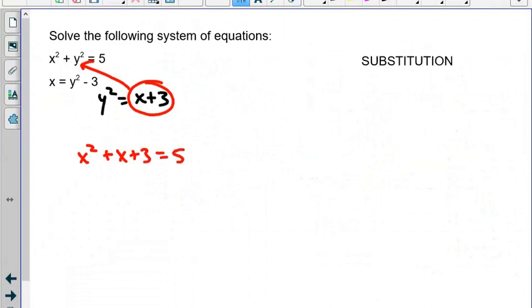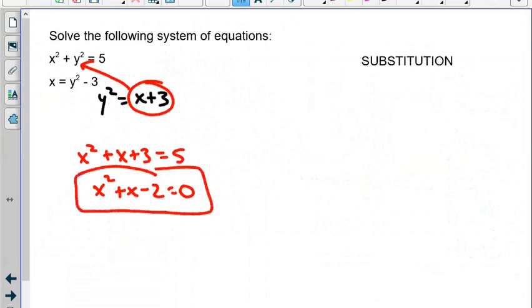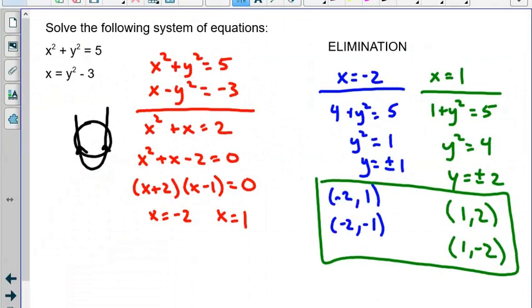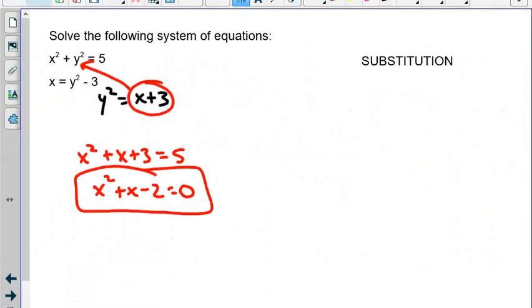And now I have x squared plus x plus 3 equals 5. If I subtract the 5 over, I get x squared plus x minus 2 equals 0. And if you notice, this is where it starts being exactly the same as the previous case. So you can just rewind about 2 minutes and then watch me solve the rest of it if you really want to. But you get the exact same solutions either way.